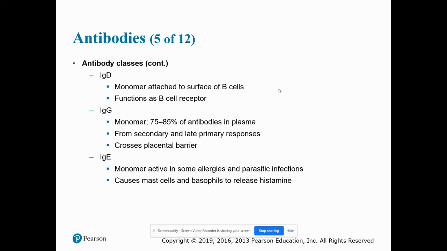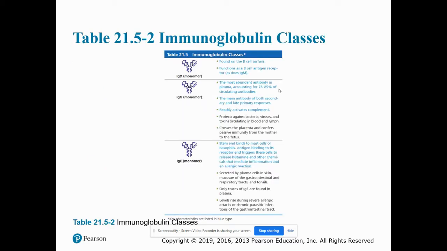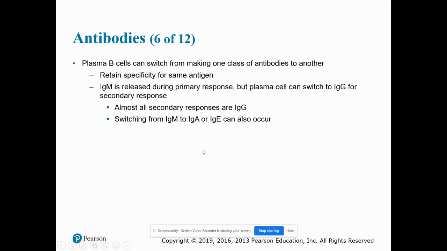Anyway, it's the antibody that you see for secondary responses and late primary responses, and it crosses the placental barrier. And then there's IgE, a monomer active in some allergies and parasitic infections, and it causes mast cells and basophils to release histamine. And so here are these guys. We see IgD is a monomer. These are all monomers. Monomer, monomer, monomer.